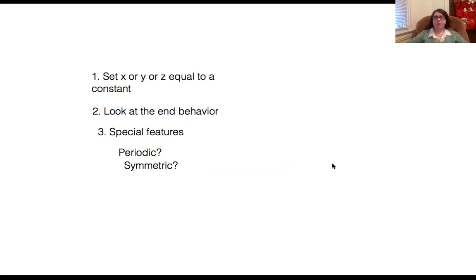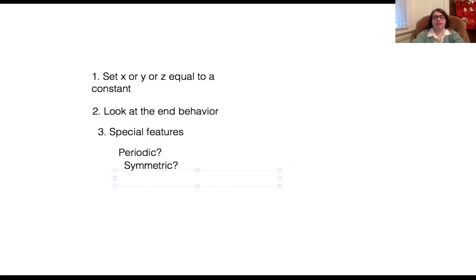And if so, where is that happening? Based on the equation, should I be able to switch x and y? Because then I would expect a symmetry along the line y equals x. Can I replace x with negative x, in which case I should get a symmetry along the line x equals 0, or can I replace y with negative y, in which case I should get symmetry along the line y equals 0? So do I expect to see symmetries, and if so, where?